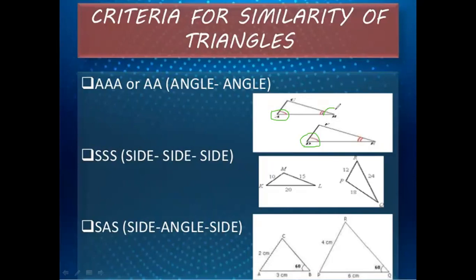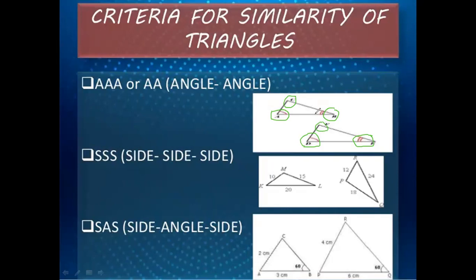This angle is equal also to this one, and this angle is equal to this one. Although they have different sizes, their angles are equal. So that means we use the AAA or the angle criteria in telling that the two triangles are similar.